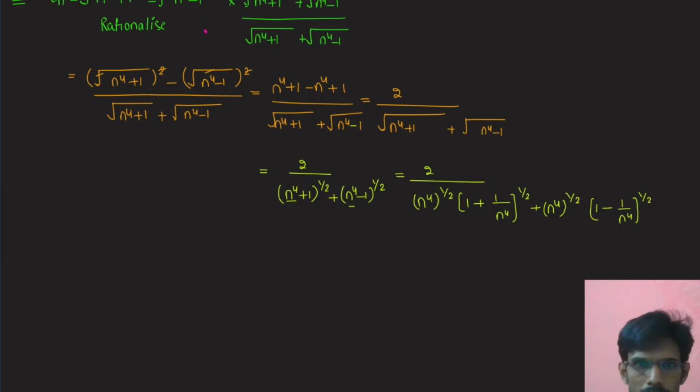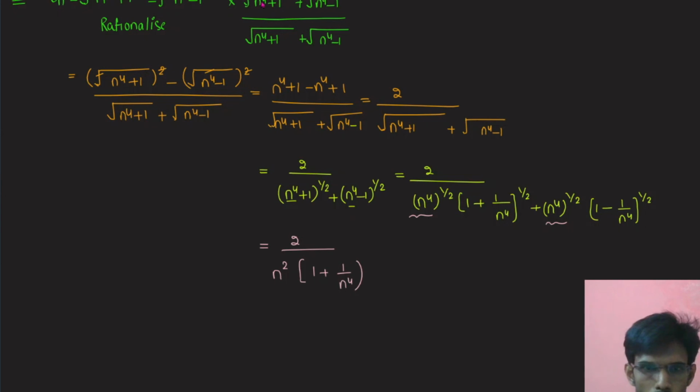So now taking this n power 4 by 2 common, we have 2 upon n power 4 by 2, which means n square, into bracket 1 plus 1 by n power 4 whole power 1 by 2 plus 1 minus 1 by n power 4 whole power of 1 by 2.